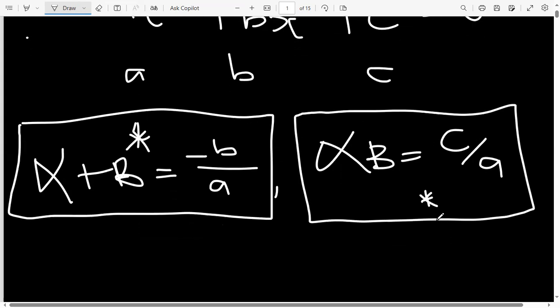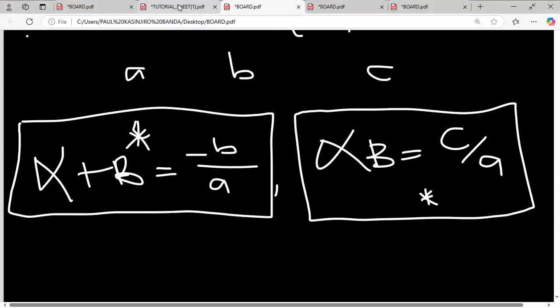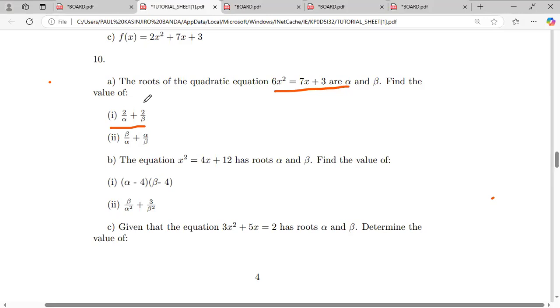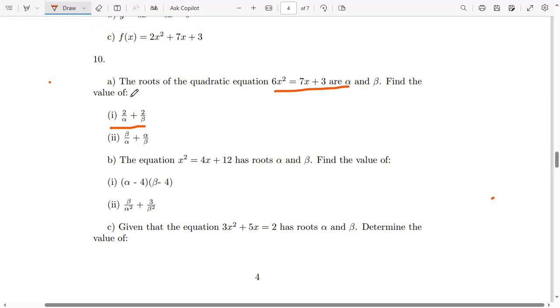So let's look at question 1, the first question here. They're saying the roots of the quadratic equation 6x squared equals 7x plus 3 are alpha and beta. Find the value of 2 over alpha plus 2 over beta.